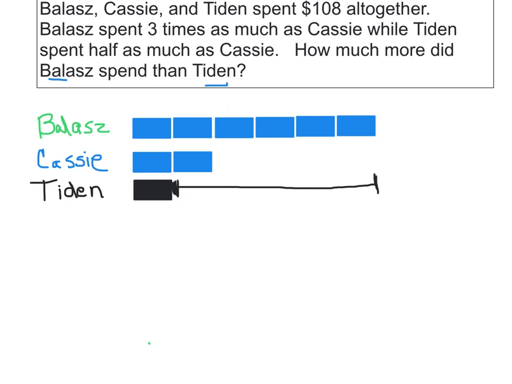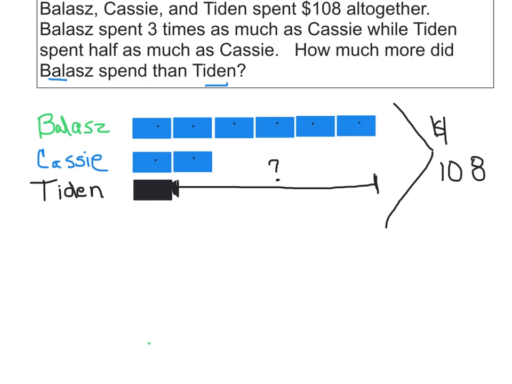So I want to know what that is. And I also know that altogether, in total, they spent $108. All right, when I look at my picture, I see that I've got 1, 2, 3, 4, 5, 6, 7, 8, 9 equal boxes.